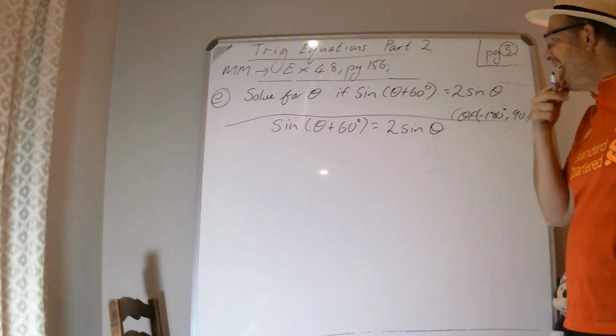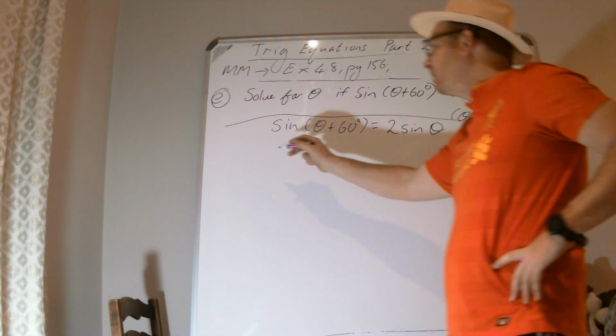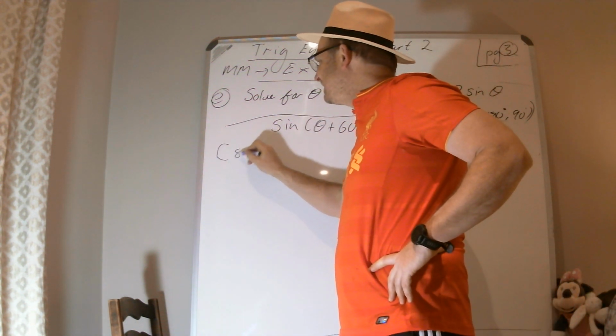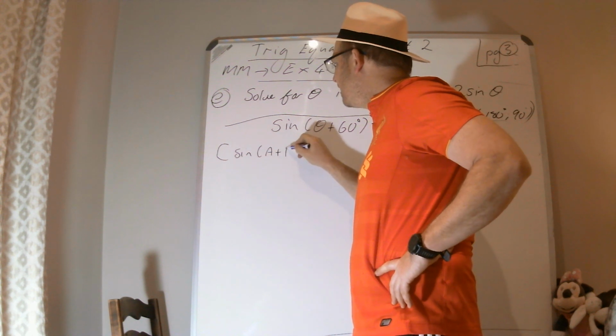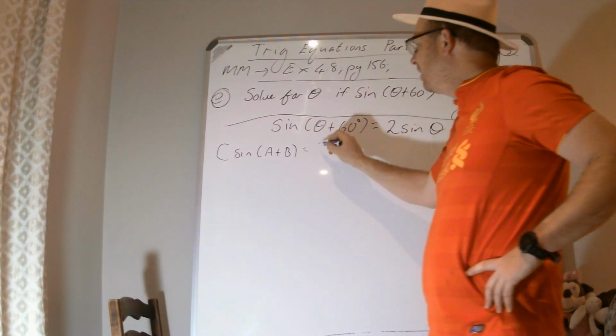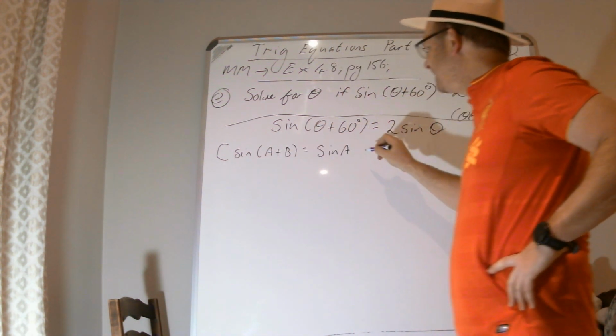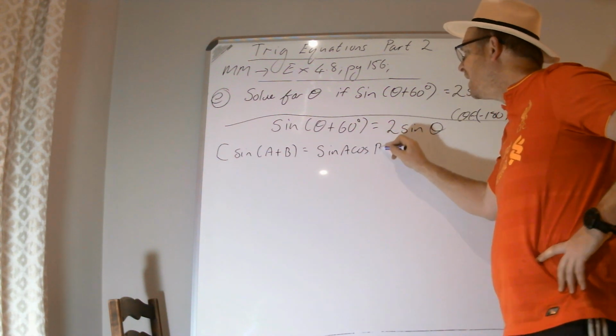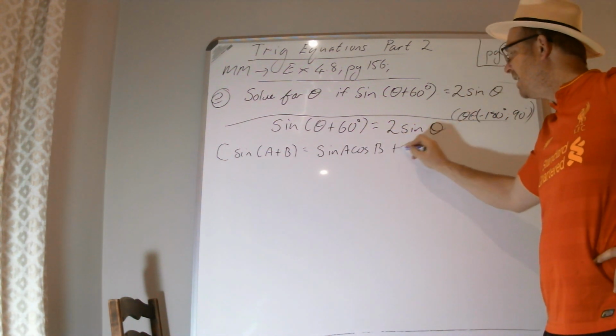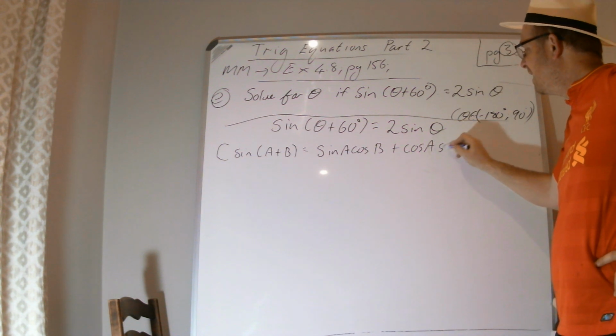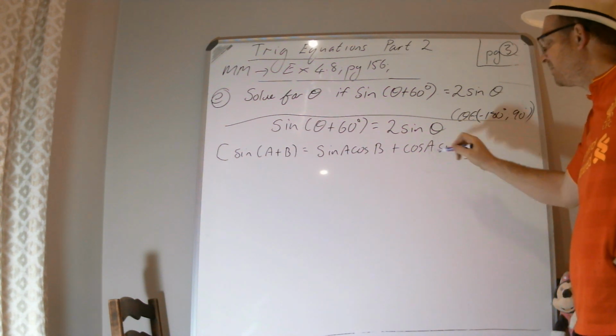So the only option left is to use the compound angle formula, which says that sine of A plus B is equal to what, Calexis? My favorite name, that Calexis. Lovely name. Sine A cos B plus cos A sine B. Right?